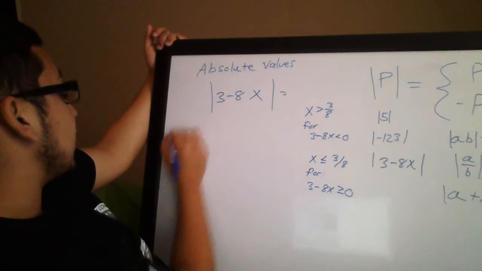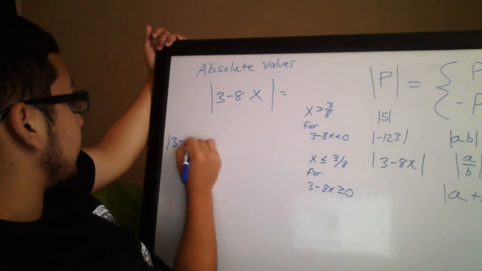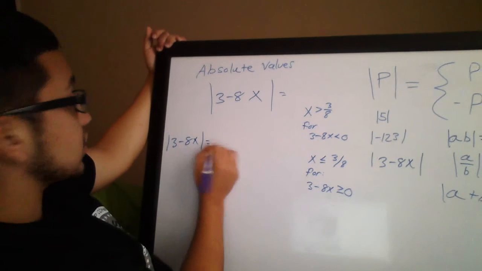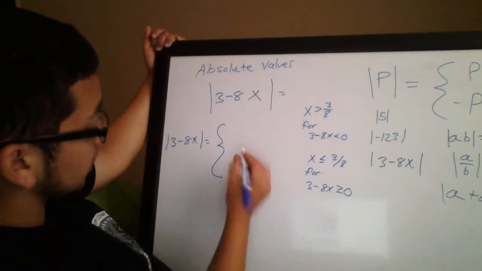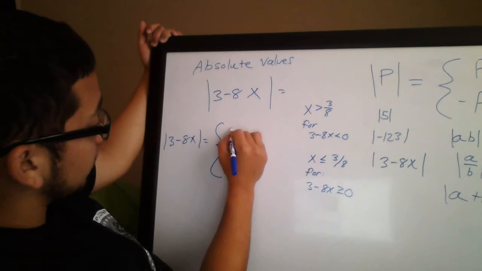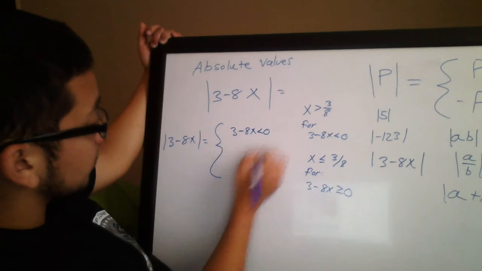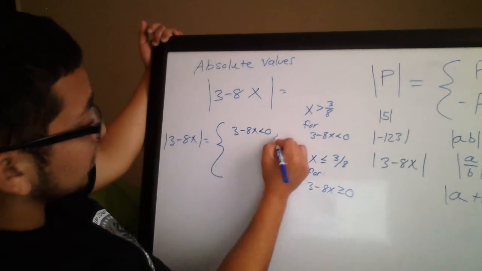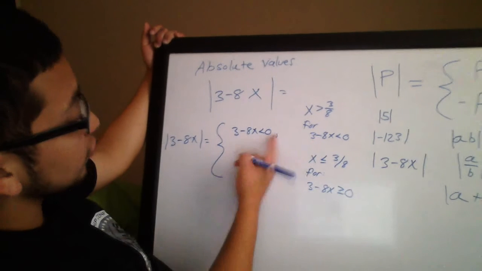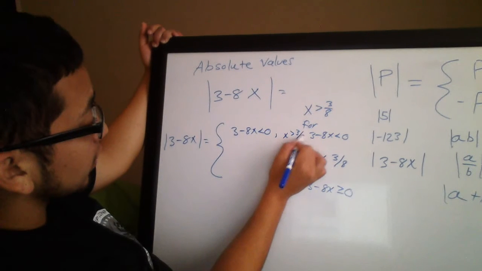So the answer to what is the absolute value of 3 minus 8x, well, it's going to equal two different things, two answers. So it's going to equal 3 minus 8x is less than 0, for, and we usually put a comma like this, for x is greater than 3 over 8.